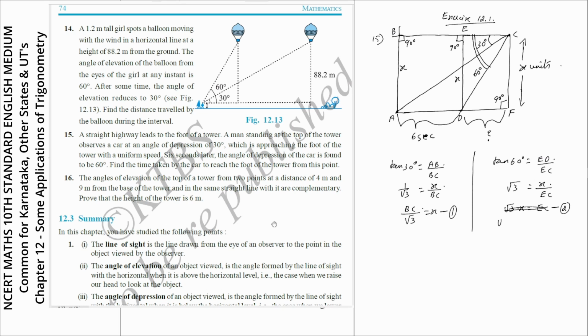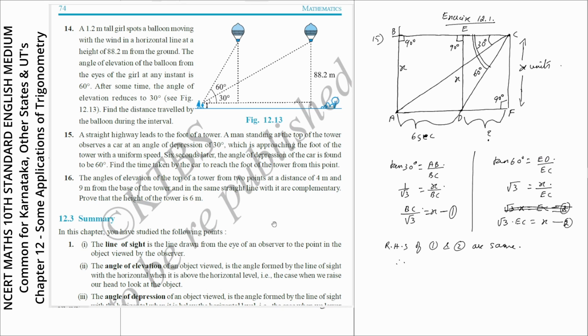I will get root 3 into EC is equal to x. Now, the right hand side of 1 and 2 are the same. Therefore the left hand side also will be equal.